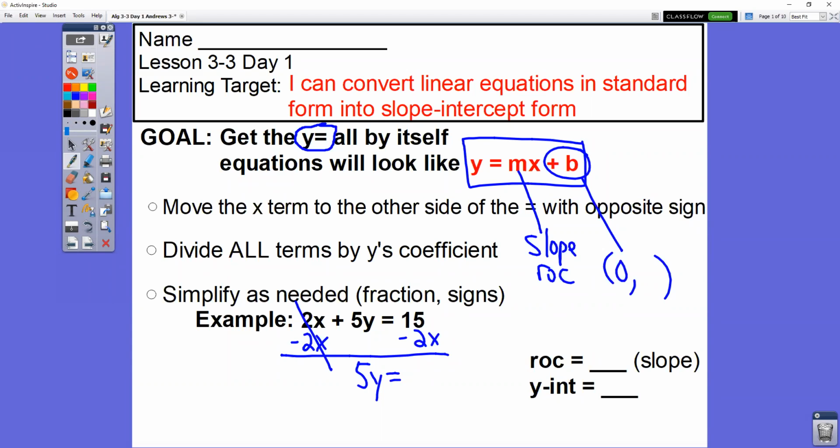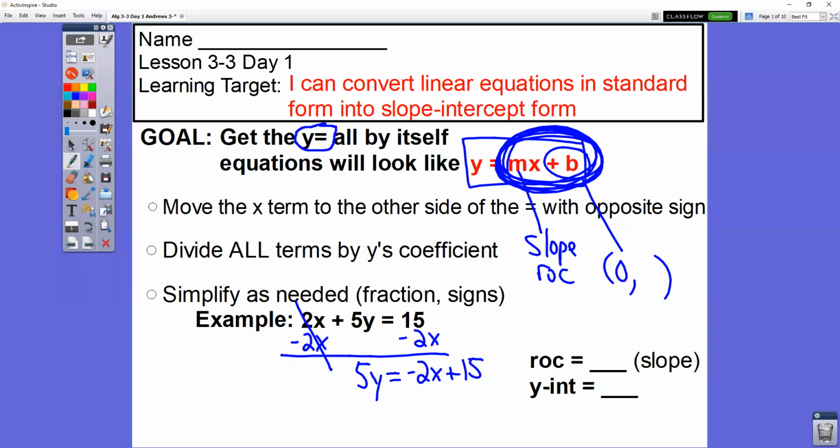However, look at the order that these need to be in. If we take a look up here, we want our x to come first and then our plus or minus our plain number. So anytime the plain number comes first, I'm going to switch around the order right away. So 15 minus 2x becomes negative 2x plus 15.